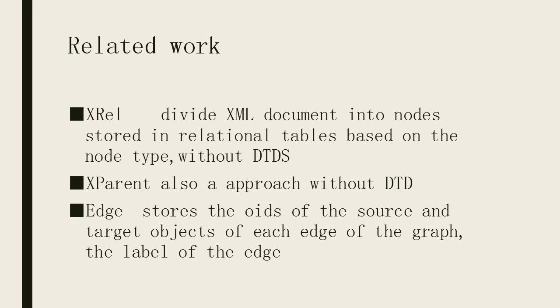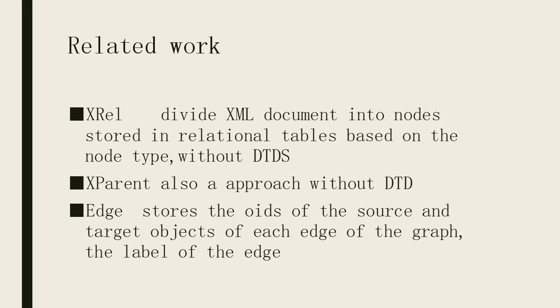So, according to its tree structure, Yoshikawa divided the XML document into nodes and stored them in relational tables based on the node type. And XRel doesn't need any information about DTD and element types, so it's a really simple structure.